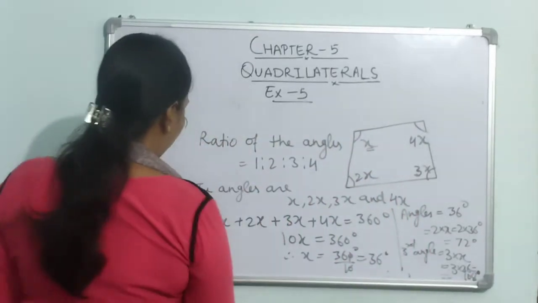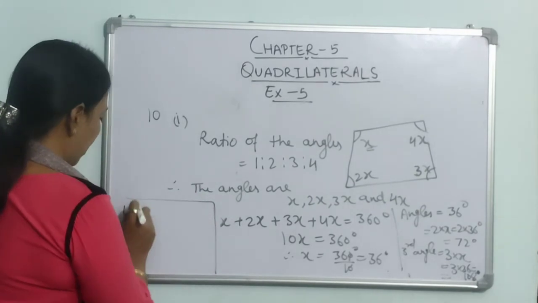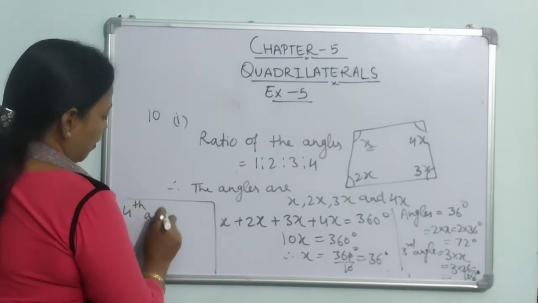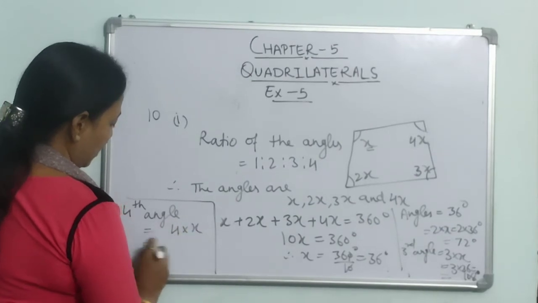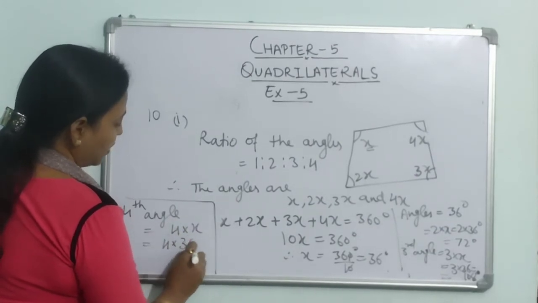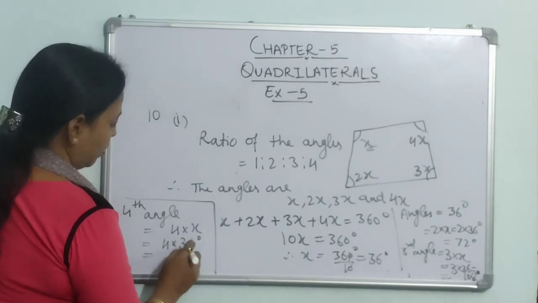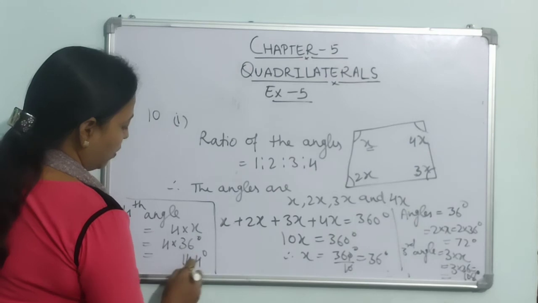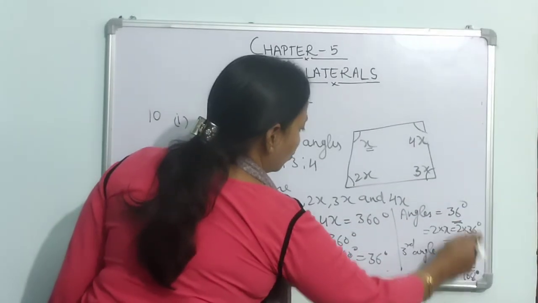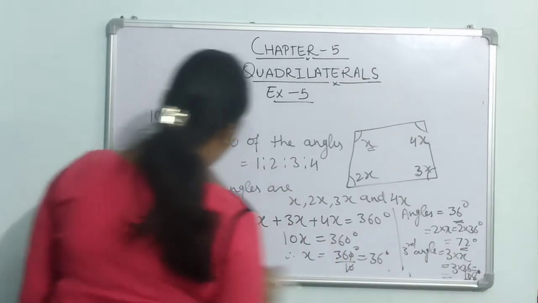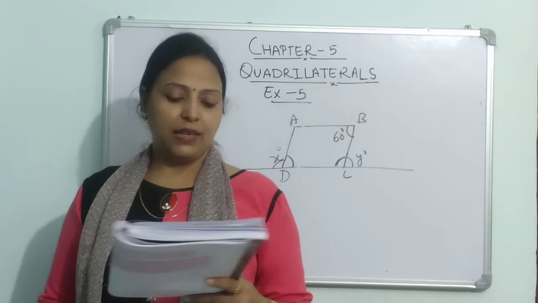And now the fourth angle is equal to 4 into x, 4 into 36 degree, that is 144 degree. So this is your answer. First is 36, 72, 108 and 144.